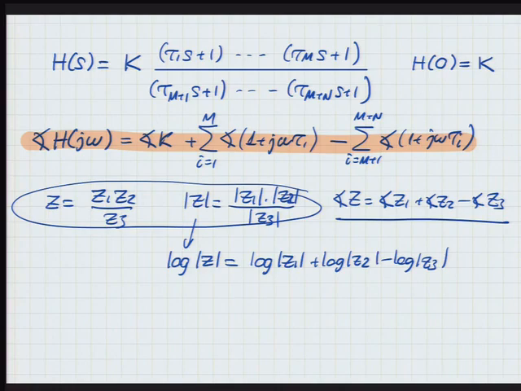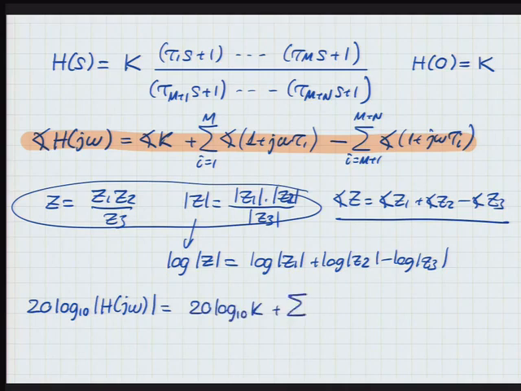Just to put that a little more formally, 20 log10 of H of j omega will be 20 log10 K plus a sum of terms that come from the zeros, 20 log10 of 1 plus j omega tau.